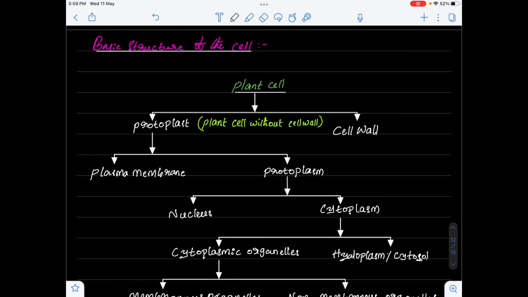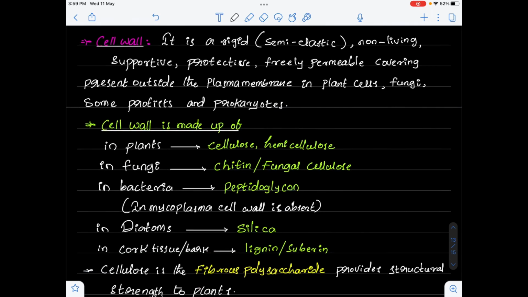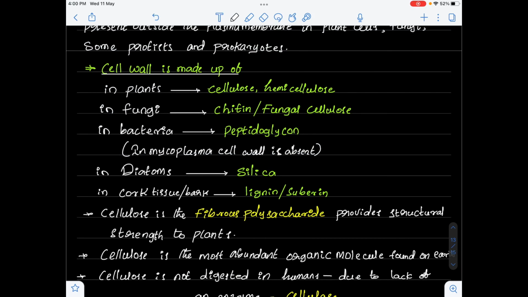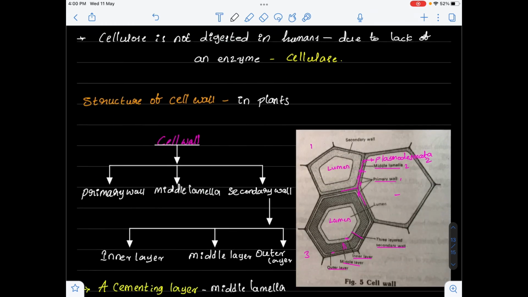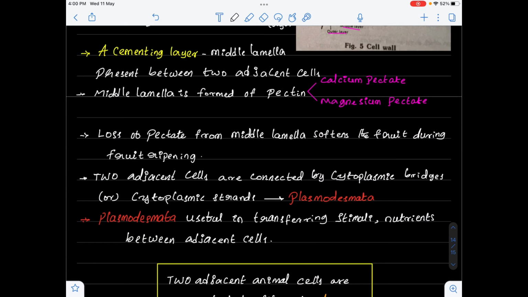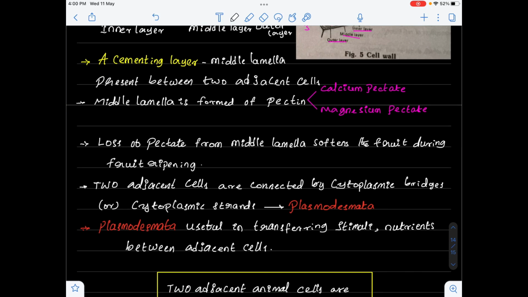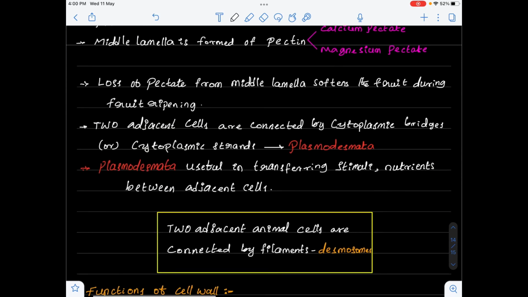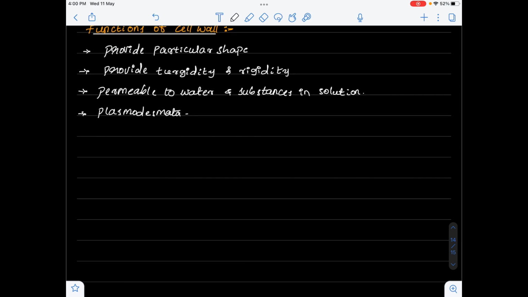So this is about the basic structure of the cell, the structure of the cell wall and its composition. This is the structure of the cell wall in plants and its functions.